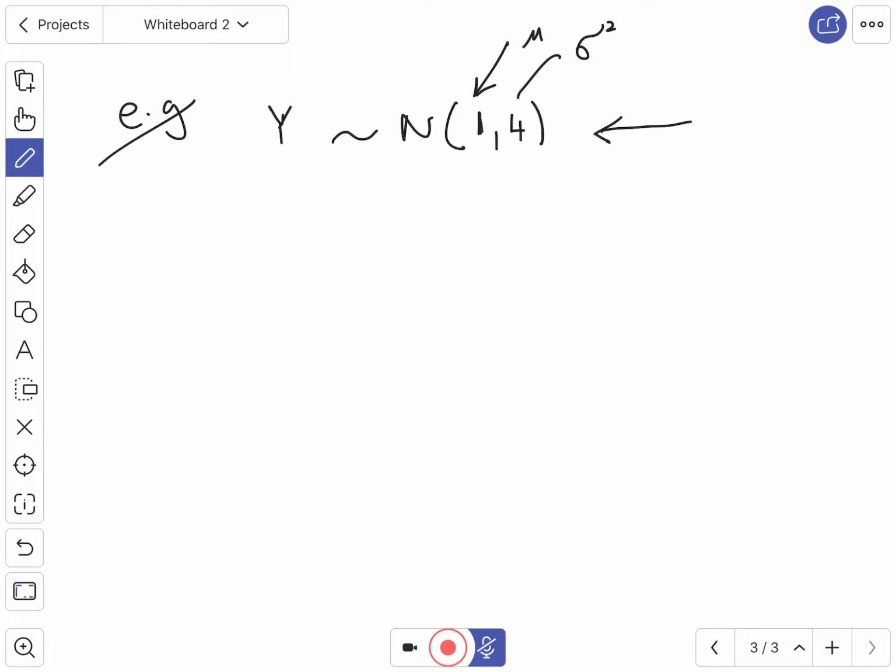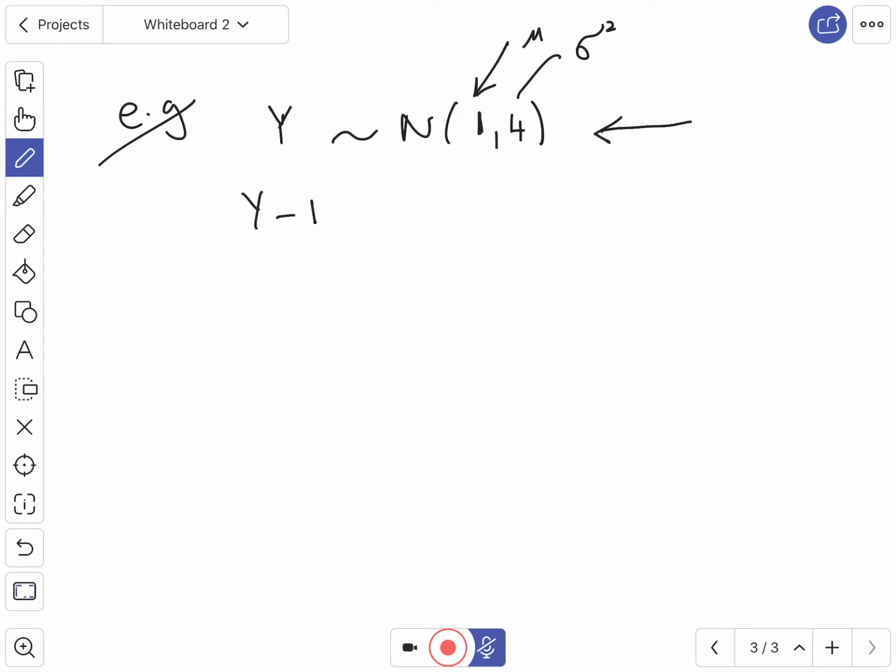To be able to use the standard normal table, I have to change this distribution to have a mean of 0 and a variance of 1. So how can we do that? It's kind of simple. Take the mean out. I have to remove the mean from this variable. Each and every observation, we have to subtract the mean.